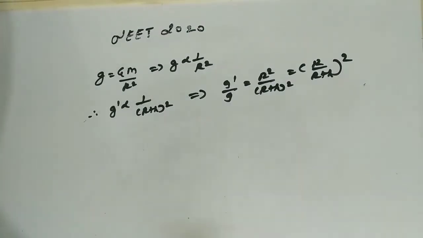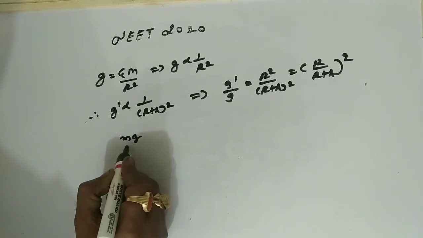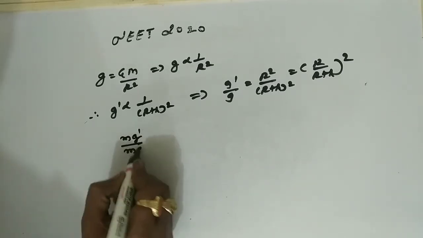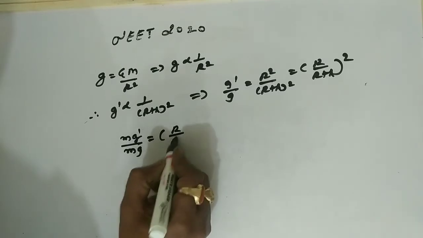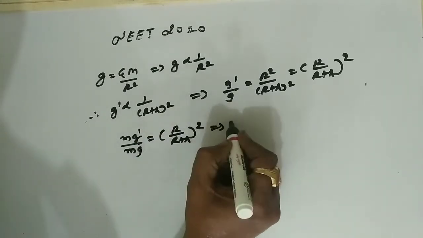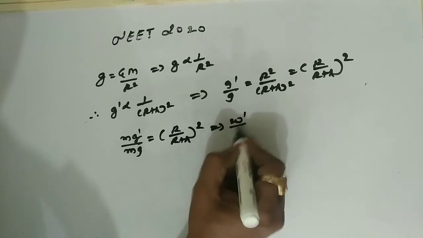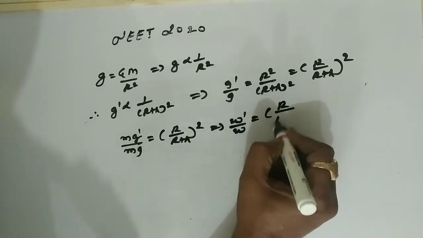Correct. Then multiply on both sides. Weight is given, mg dash divided by mg, multiplied and divided by m. So R divided by (R plus h) whole square. Now this is nothing but weight. W dash by W equals R over (R plus h), and what is the height?